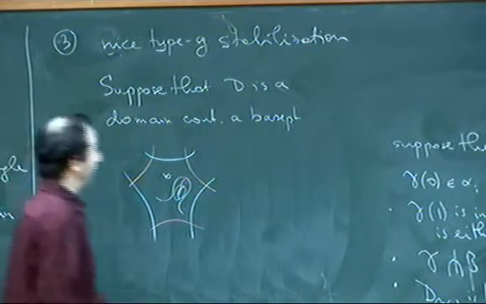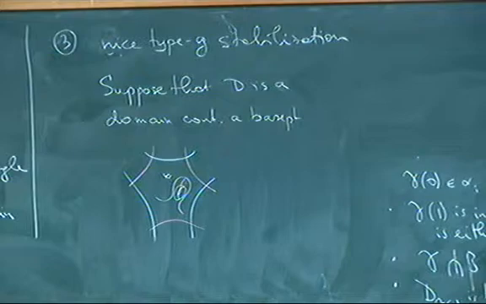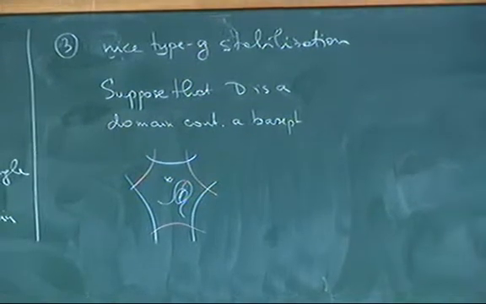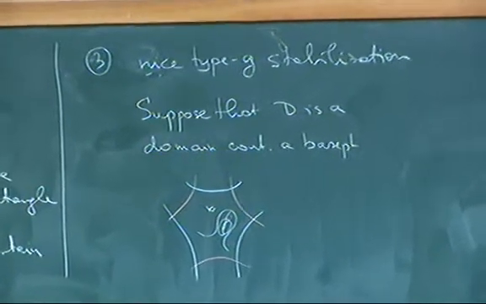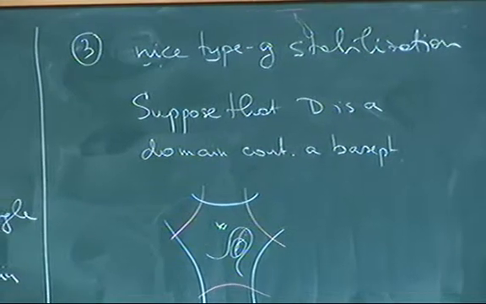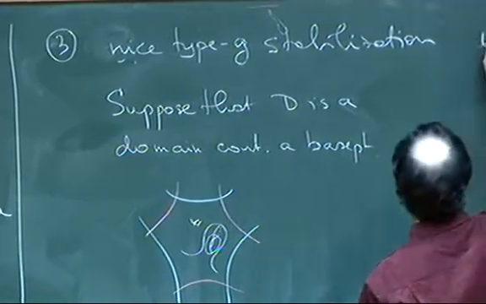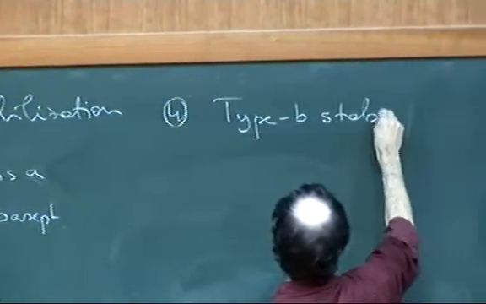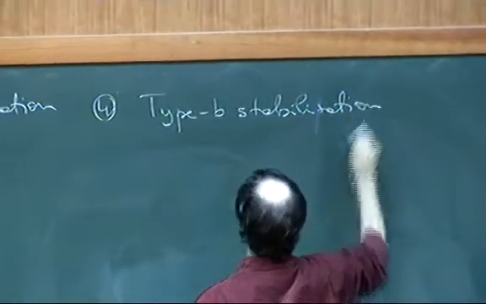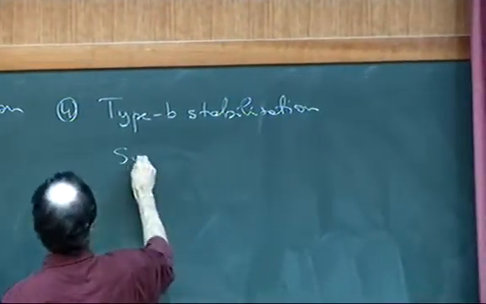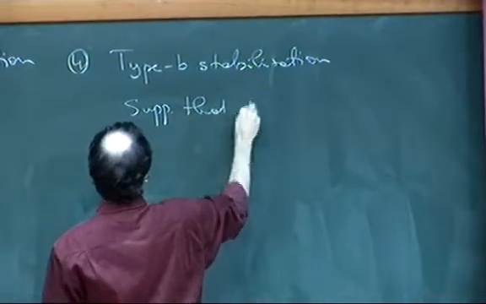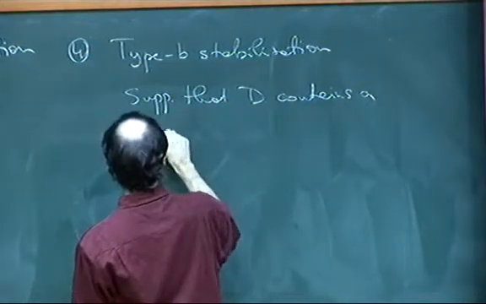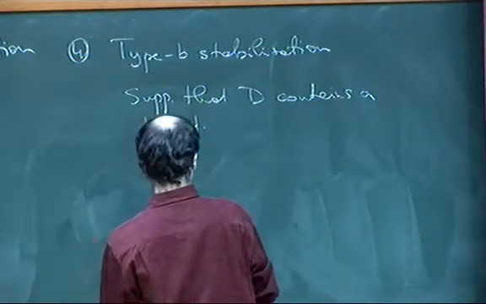And then there is the last step. Number 4, type B stabilization. Again, suppose that D contains a base point.